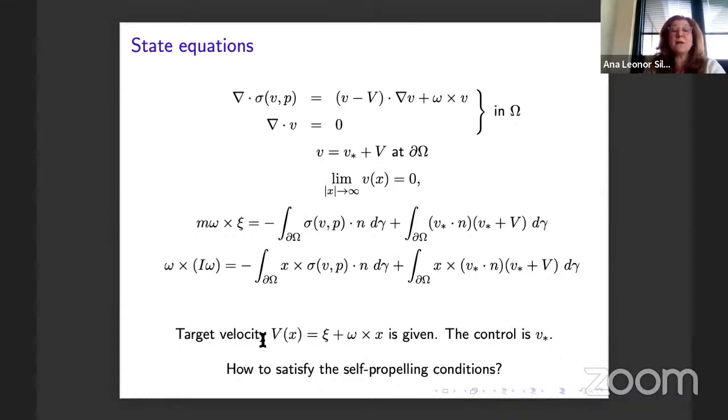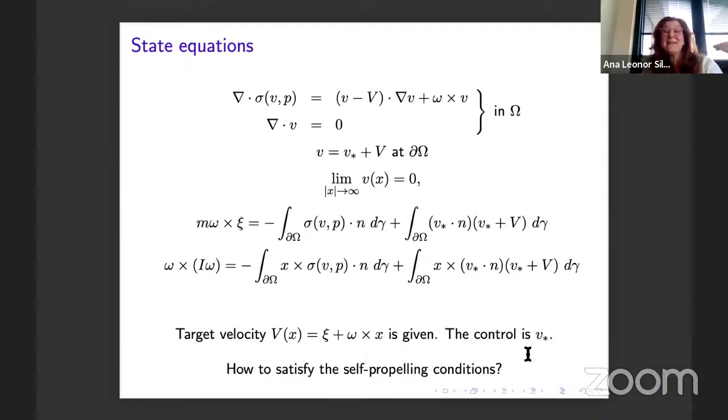Let's recall that our target velocity is the velocity of the rigid body. K and omega in this case are known. The control is V star. We also will have to solve for the velocity and the pressure. This is the mass, which is given and known. The inertia matrix is also known.